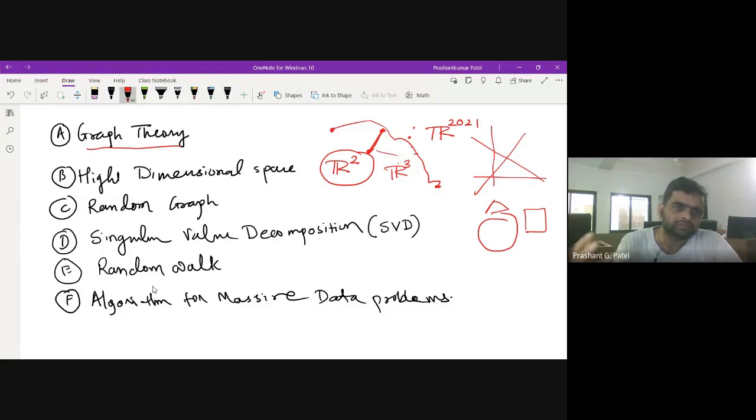If the graph is randomly generated, then there are problems such as whether the given graph is connected. For example, if we treat Facebook as one example, then I can say that Facebook is not connected.